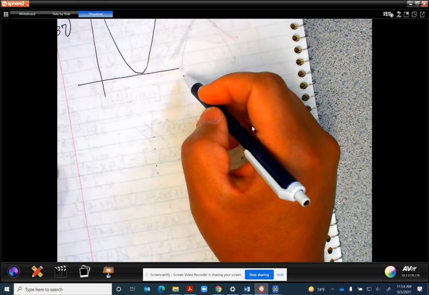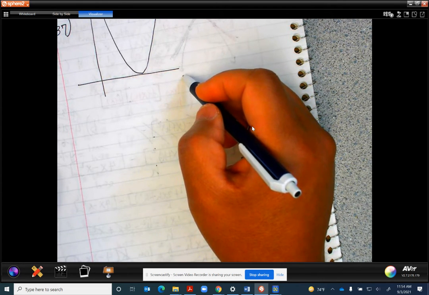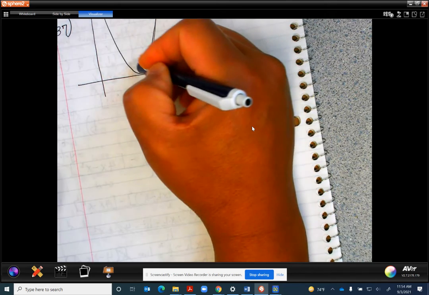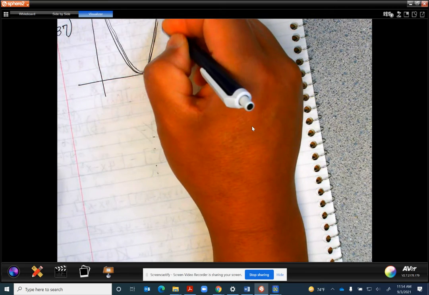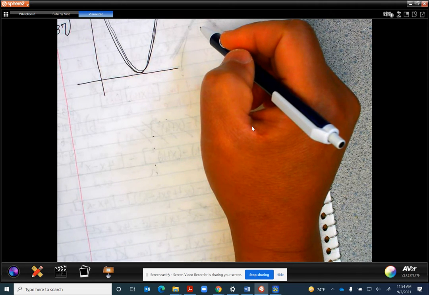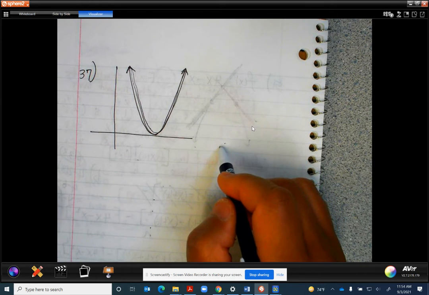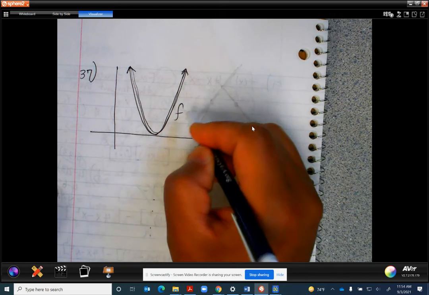Number 37 is on page 131. Okay, you guys ready? All right, this is your f function.